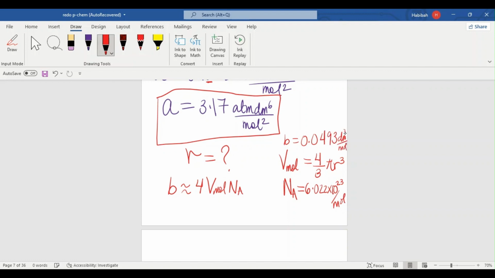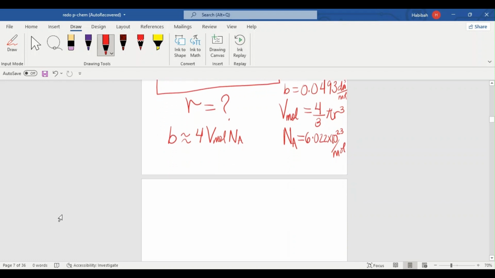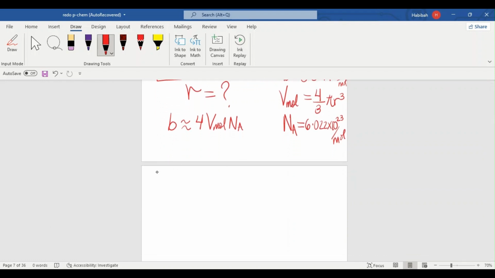When you have all of this information, all you have to do is substitute. So you have B equals 4 times the volume of the molecule times Na. When you substitute, you have B equals 4 times 4/3 pi r cube, and then of course you've got Na.